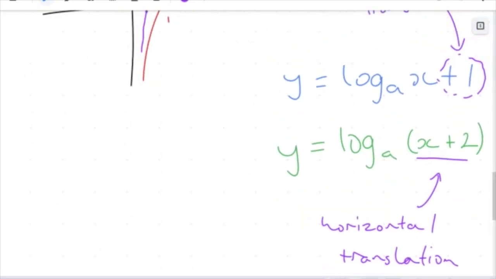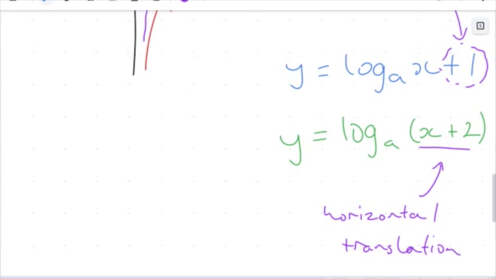Now, we remember here that our x plus 2, when our thing adds, we're shifting to the left. With our horizontal translations, we observed in many videos before, please watch those if this is new to you, an opposite kind of thing happening. If it was x plus 2, we shifted to the negative direction. If we were minusing, we shifted to the positive direction.